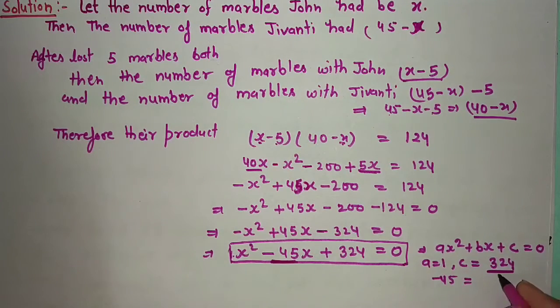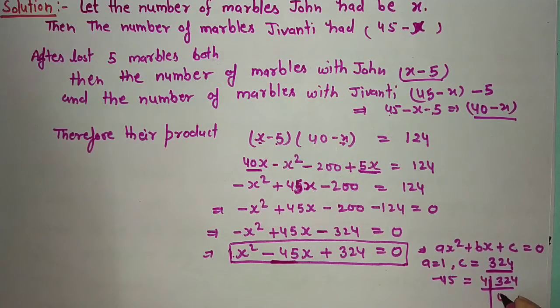If we factor 324, dividing by 4 we get 81, dividing by 9 we get 9, and dividing by 9 we get 1.